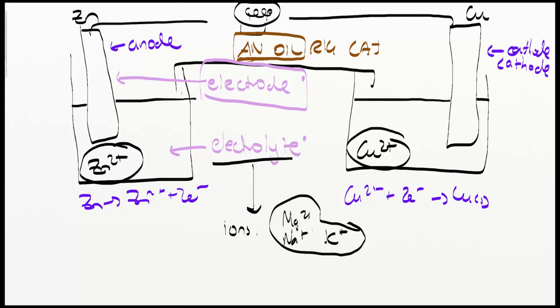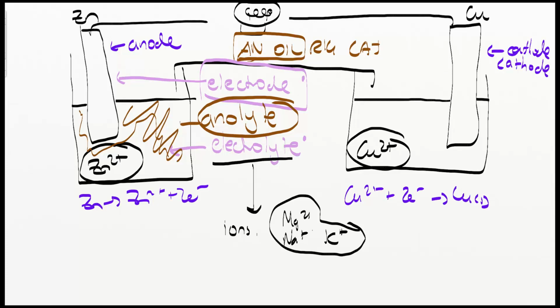Additionally, the electrolyte in which oxidation occurs is known as the anolyte. So the anolyte is the electrolyte where oxidation occurs, and conversely, the electrolyte where reduction occurs is going to be the catholyte.